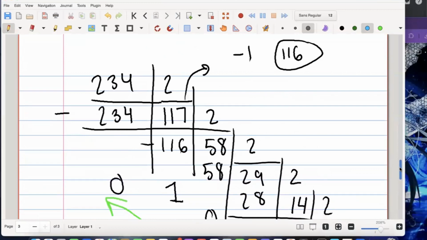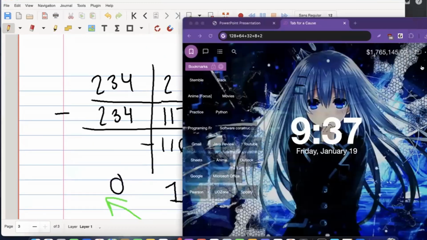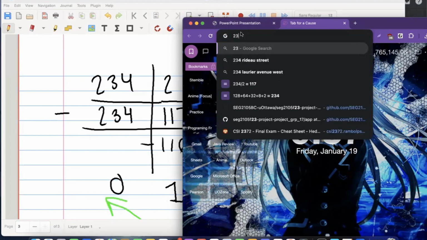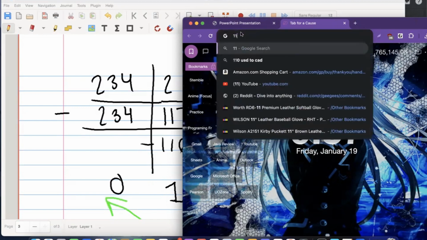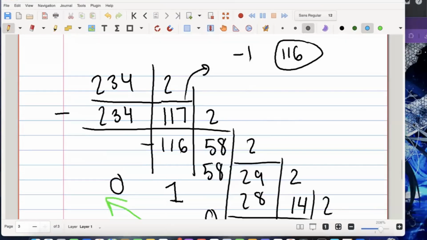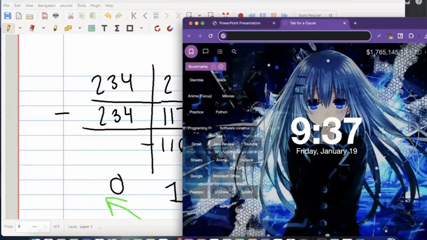Let me see if I can spot it quickly. I should probably get a calculator to check. Let's just do the things that I wasn't confident on. 2 divided by 2. Okay. 116 divided by 2. That's 58. Okay, I got that correct. 58 divided by 2.